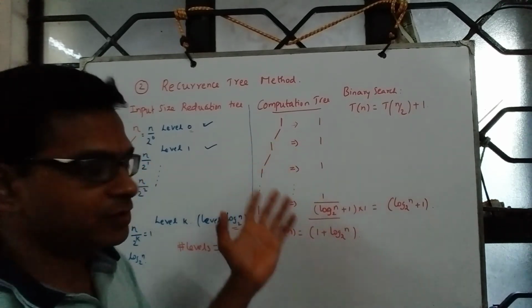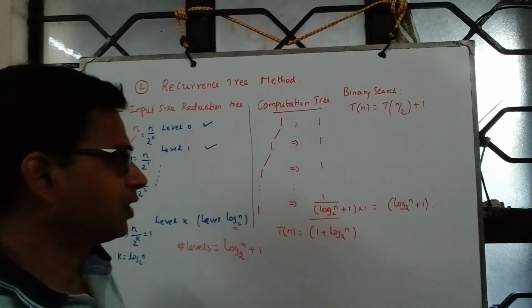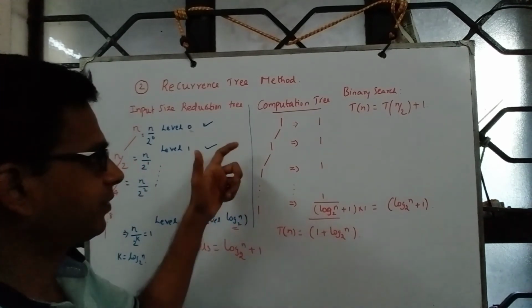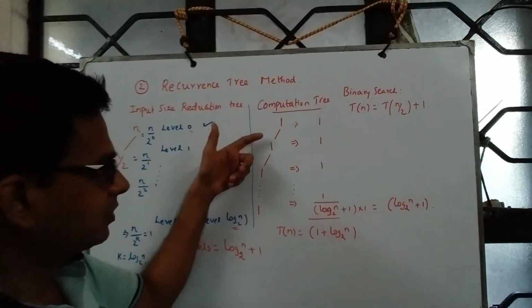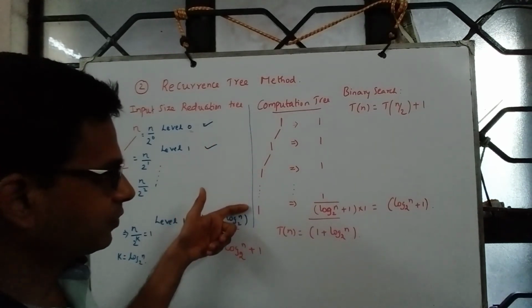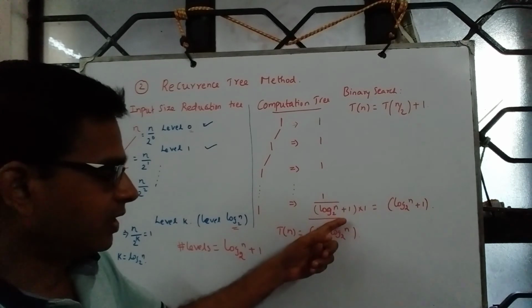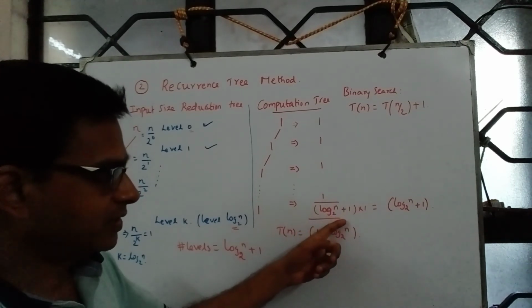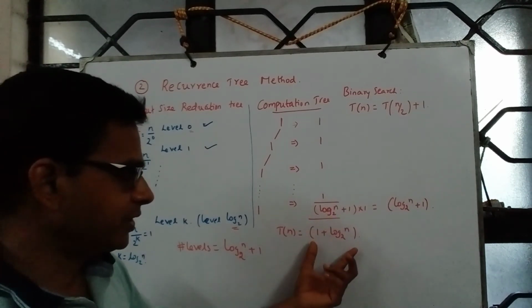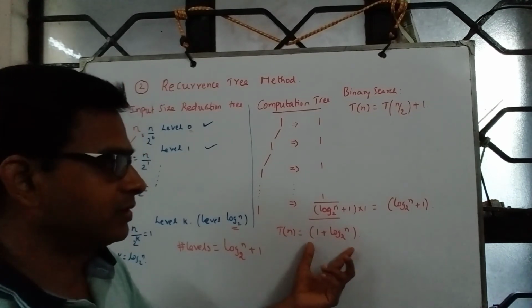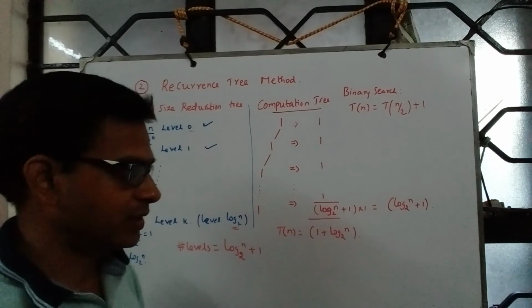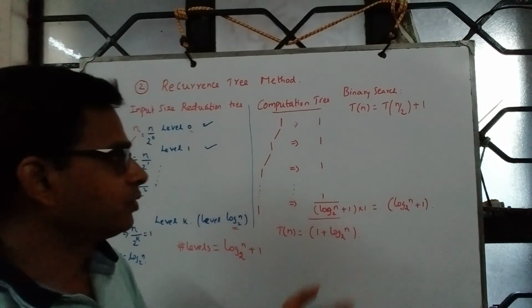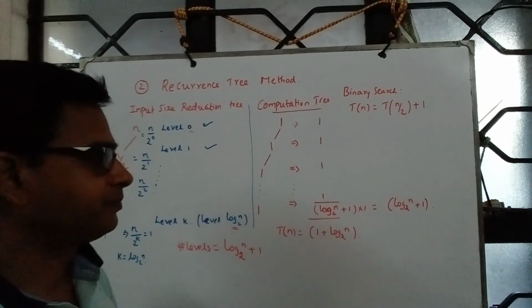So one partition is pruned, the other partition is what we will be working with for the subsequent iterations, which we keep doing. So we see that cost is 1 at each iteration, and there are log n base 2 plus 1 levels or iterations. So you see that time complexity of this code is this. And this is precisely what we got when we used substitution method to solve this recurrence relation.